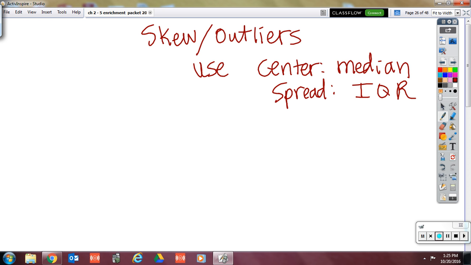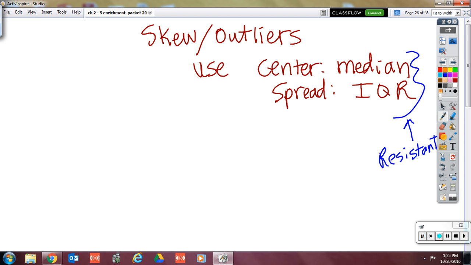If you have skew or you have outliers, you should use the median for your center, and IQR for your spread, because those are resistant. What does it mean to be resistant? Good. Median and IQR are resistant. They are not affected.